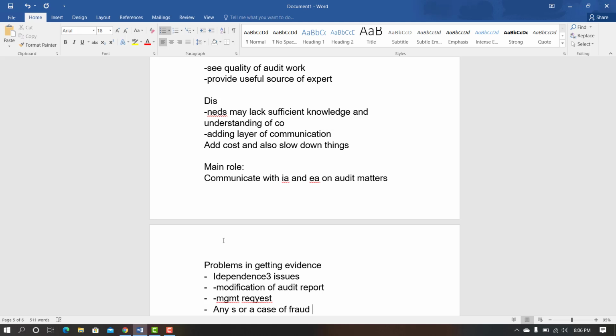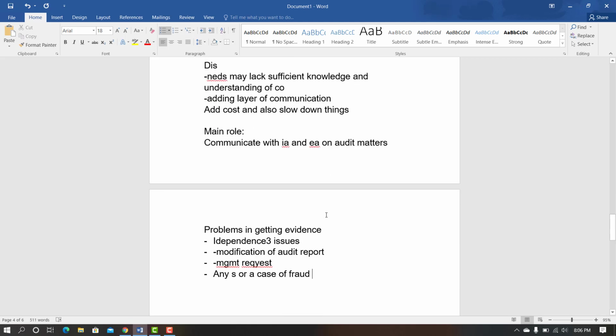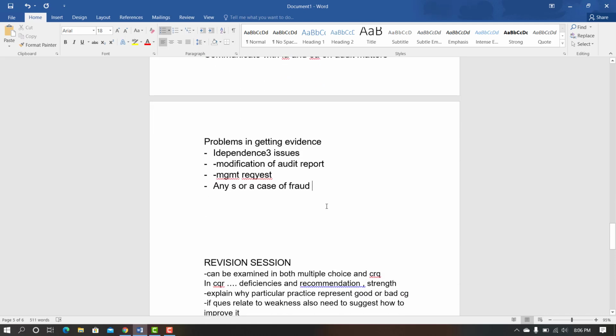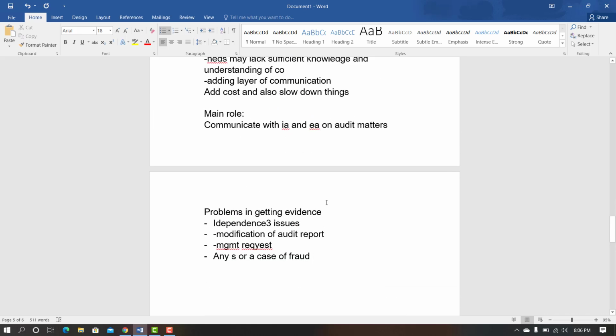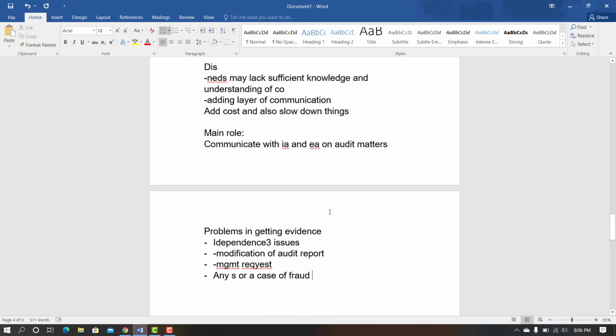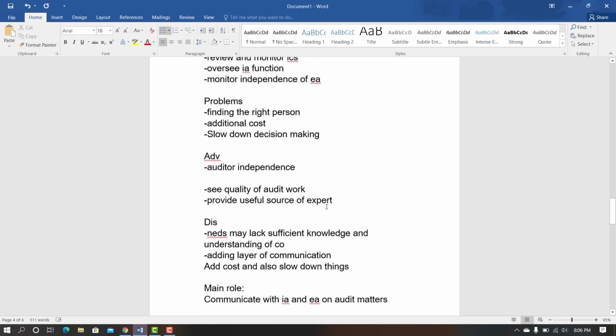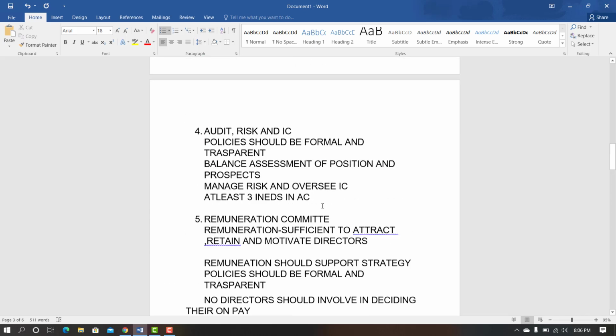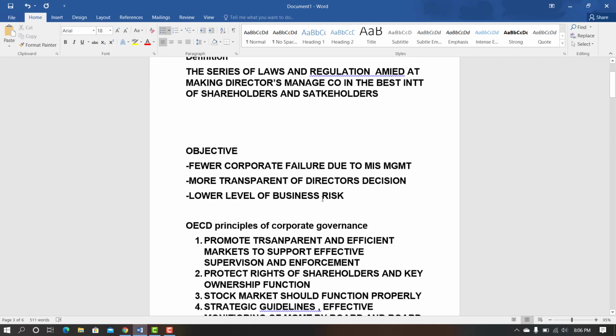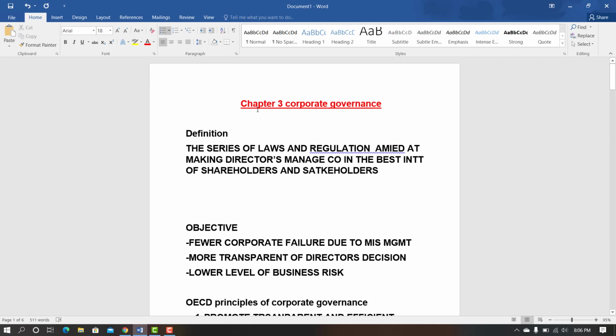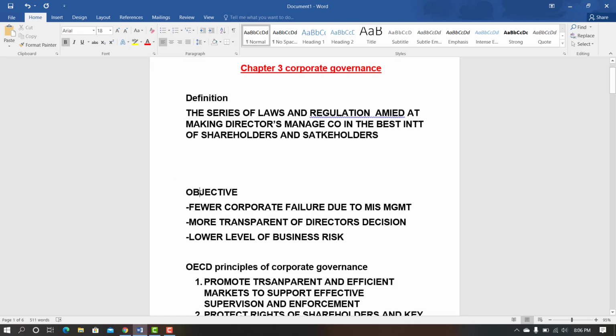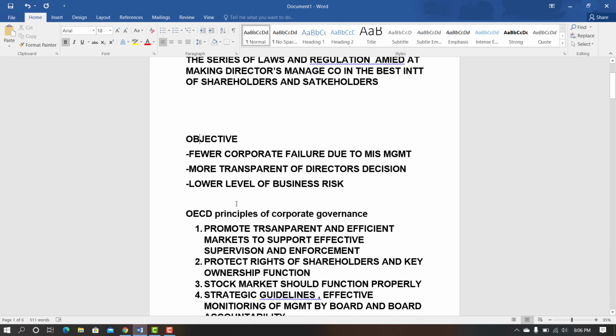So here we come to the conclusion of the Audit Committee as well as the conclusion of chapter 3. Let's go back and recall once again what we have read. Under chapter 3 corporate governance, we looked at the definitions, then the objectives of corporate governance, then the OECD principles of corporate governance.